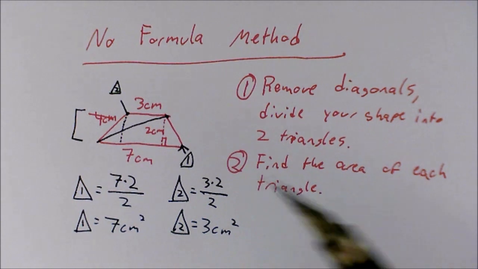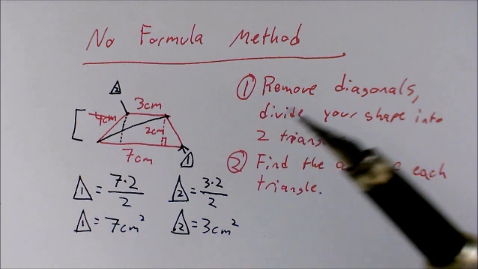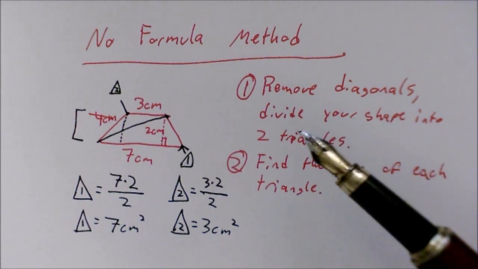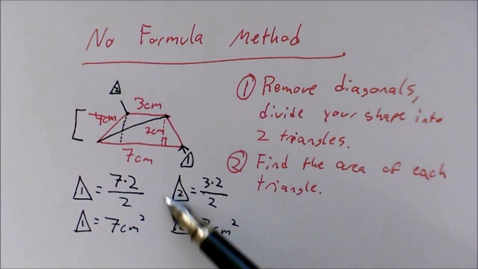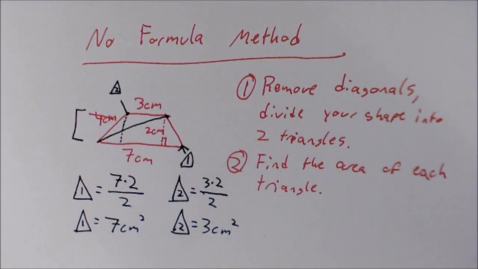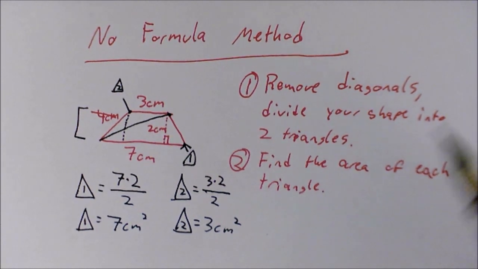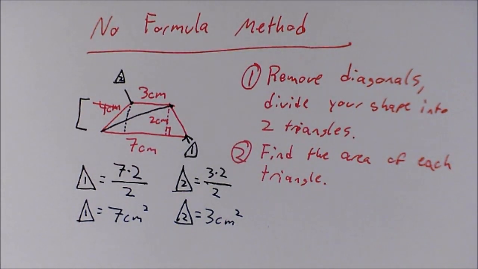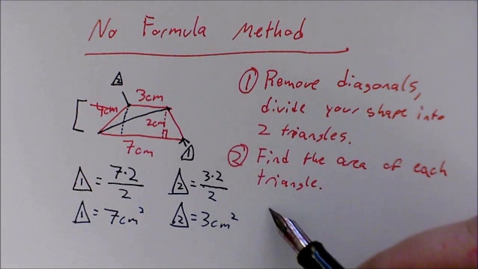Now, unlike our parallelograms, where cutting it with a diagonal line will result in 2 equal triangles that are exactly half of the size, these triangles will not be the same size. The triangles you have will give you different areas. At this point, you will have to follow the third and final step for finding the area of the trapezoid.